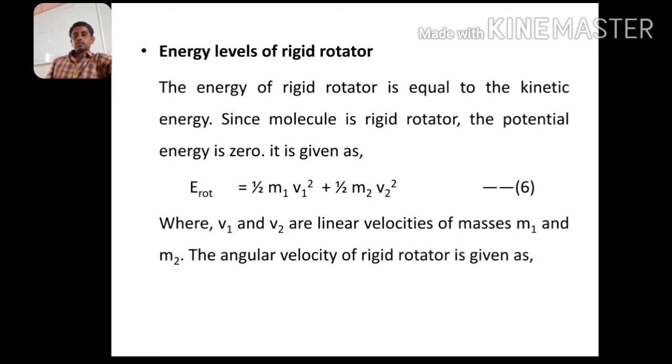Now, as the molecule is rotated, the angular velocity of the rigid rotator is given as omega, which is equal to v upon r, linear velocity upon radius, or v is equal to omega into r.